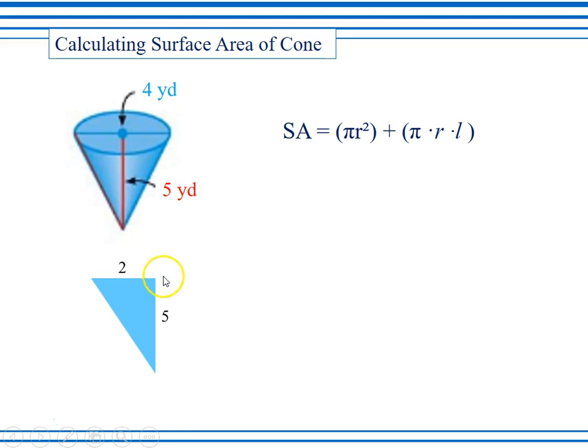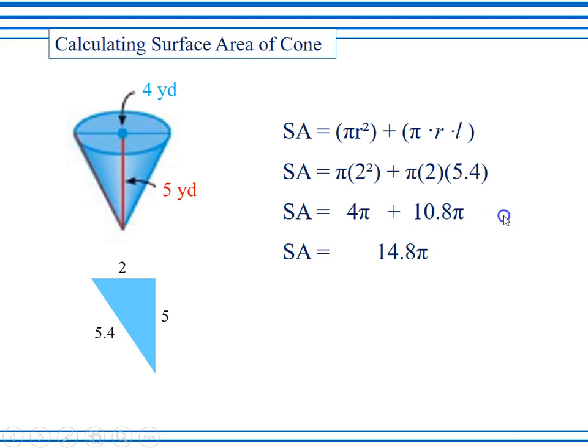So 4 plus 25 is 29. The square root of 29 is 5.4. So we can plug in 5.4 yards for our slant height. And then we can put in our radius and go through our formula to find out that the surface area is 46.47 square yards.